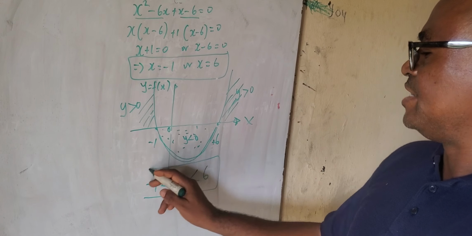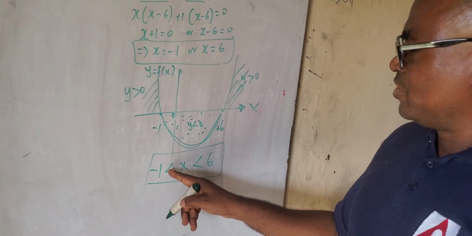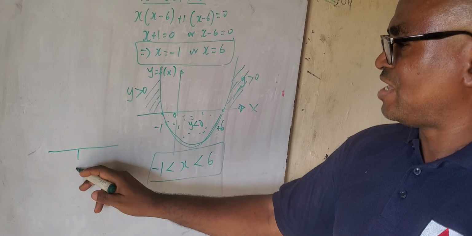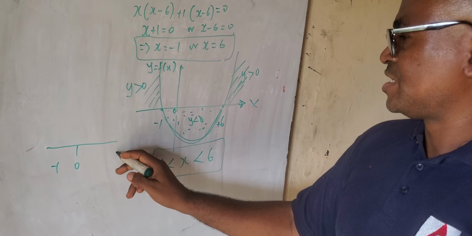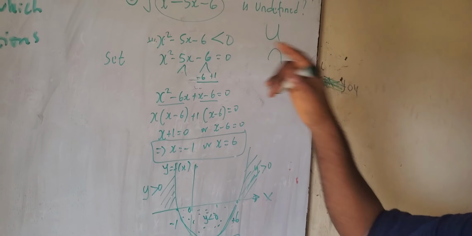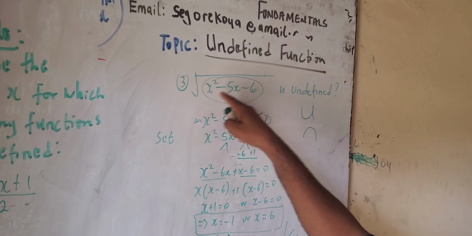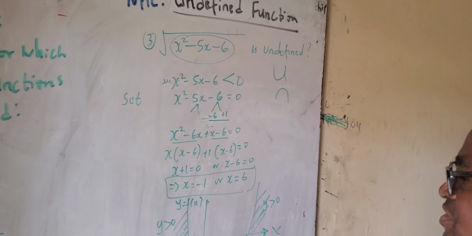If you look at this one now, 0 is within the range because on your x-axis we have 0, minus 1 is here and 6 is here, so 0 is between them. If you substitute 0 here, we are going to have minus 6, and the square root of a negative number will give us a complex number, undefined.